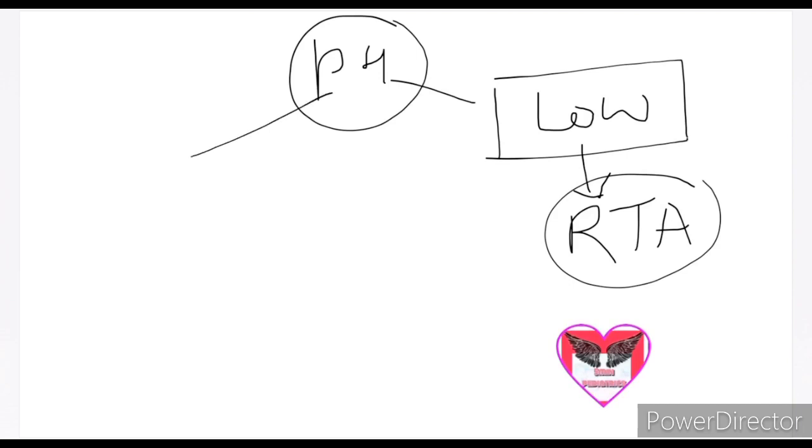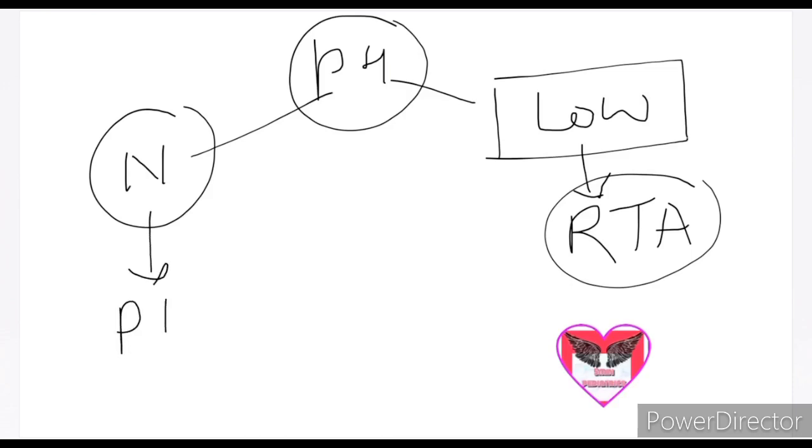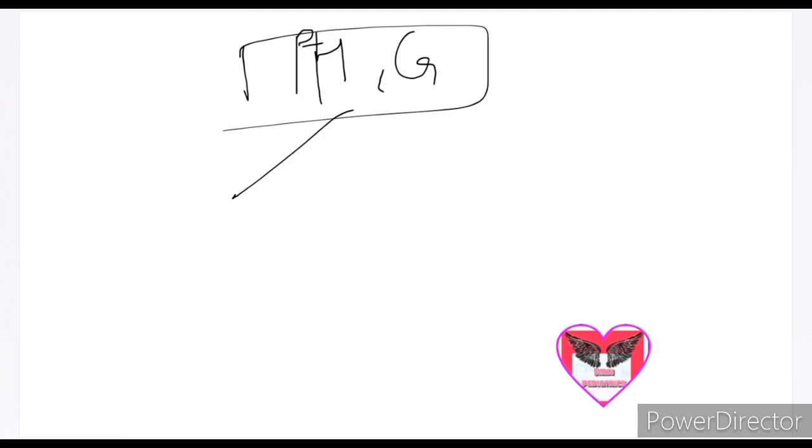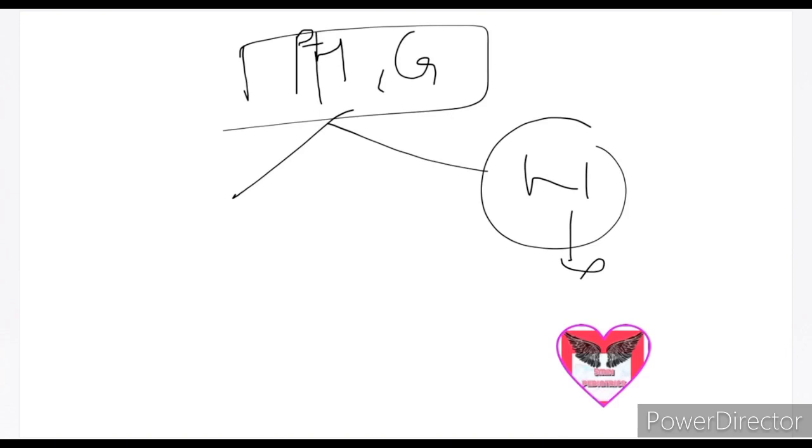And if pH is normal, then the last P is look for PTH along with calcium. If PTH and calcium are normal, then this is a case of hypophosphatemic rickets.